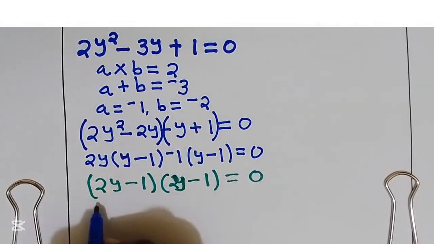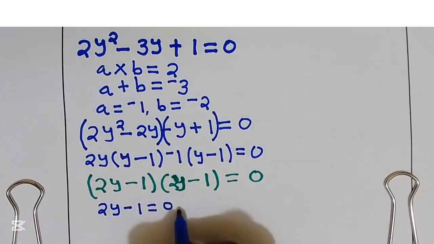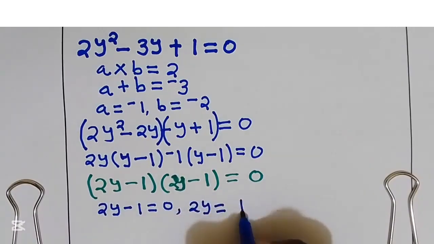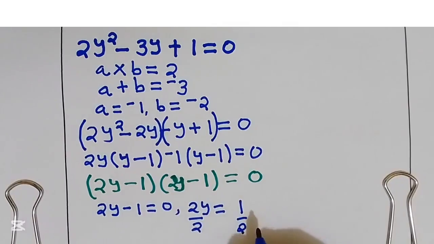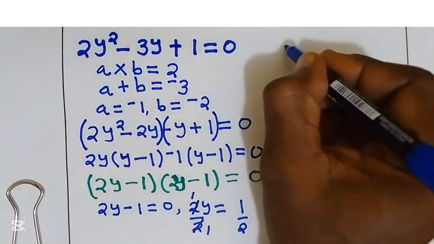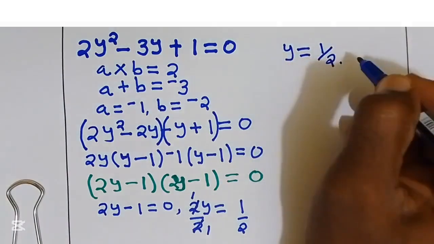Let us solve for y. Now 2y minus 1 is equal to 0. 2y is equal to 1. I'll divide by 2. We can simplify here by 2, 1 by 2, 1. We get y is equal to 1 over 2.